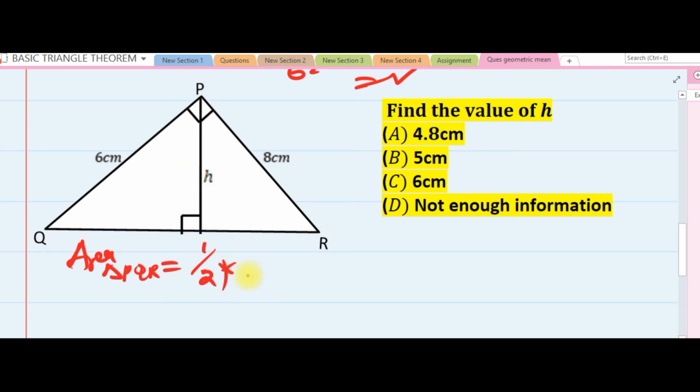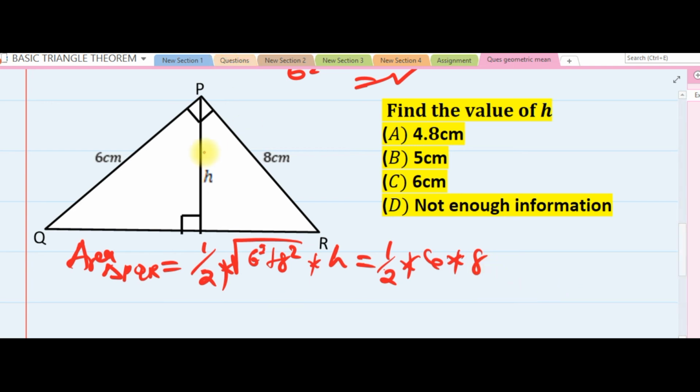So the base is QR, which is the hypotenuse, square root of 6 squared plus 8 squared using the Pythagorean theorem, times h. Also, we can take the area as half base times height, taking 8 as the base and 6 as the height, so it could be half times 6 times 8.